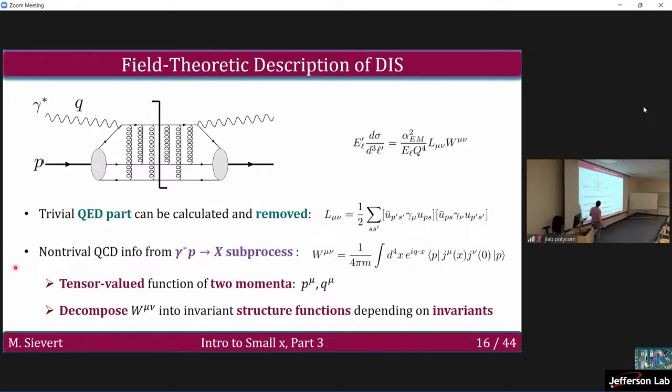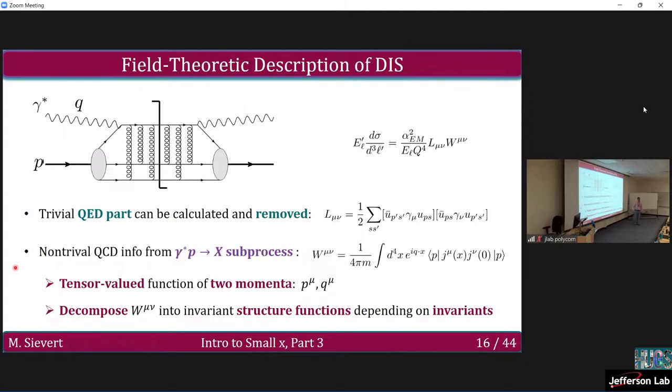Now I know I have to square the scattering amplitude and integrate over some phase space to get the cross section. The amplitude squared now looks like this. Now I've just dropped the electron because the QED part of this process is really simple. That's so simple, I can write it down in one line, calculate it all out, and it's known. This is an uninteresting part of the process.